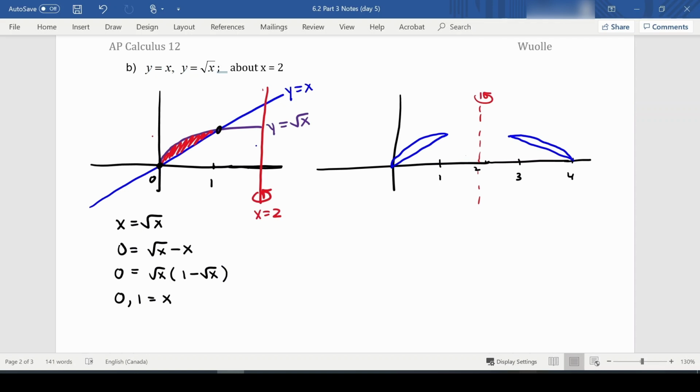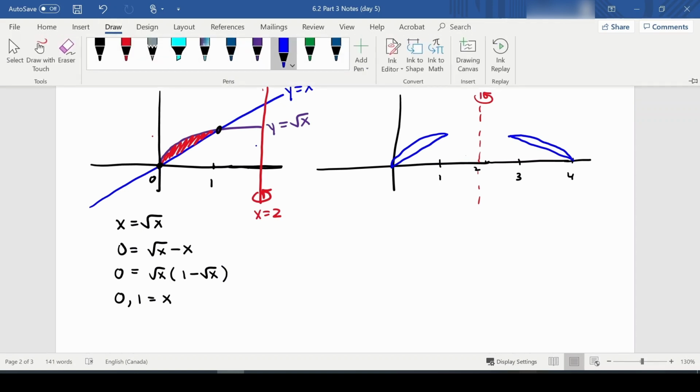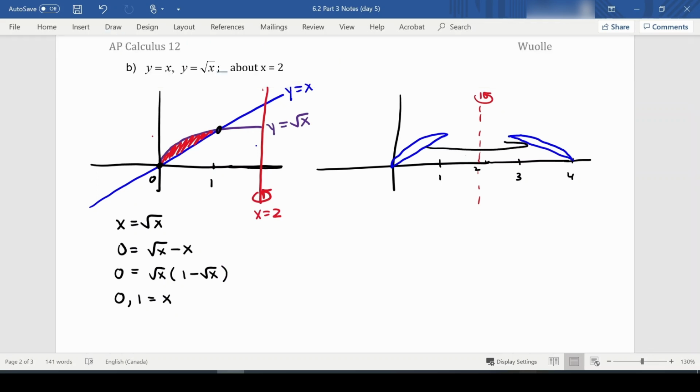When we have a cross section, our cross sections are going to be perpendicular to the y-axis, since we have a vertical axis of rotation. And if we have a vertical axis of rotation, we're going to be integrating with respect to y, and everything should be in terms of y.